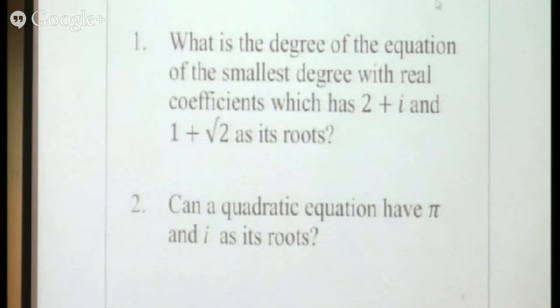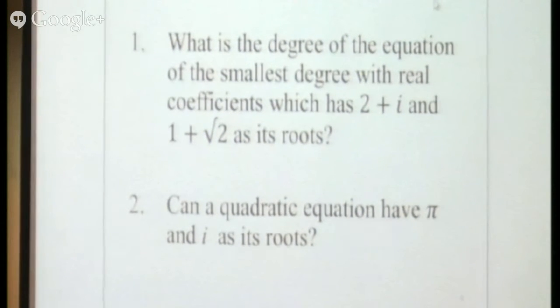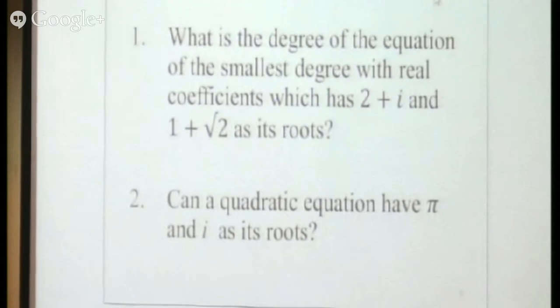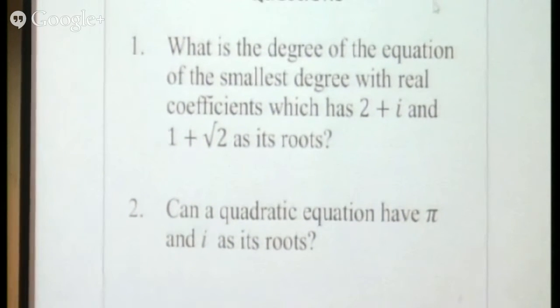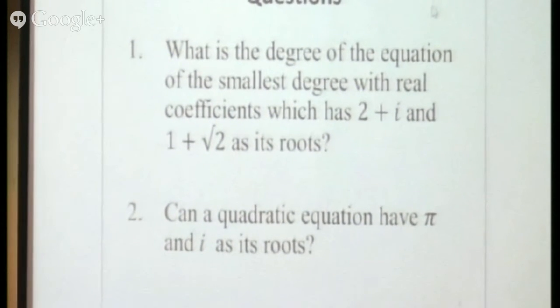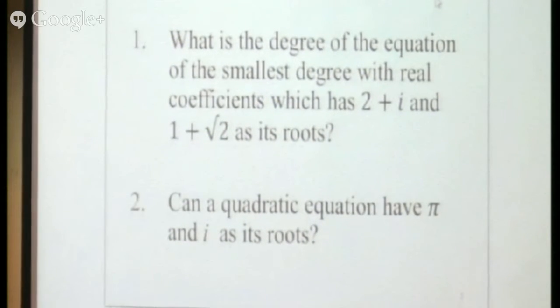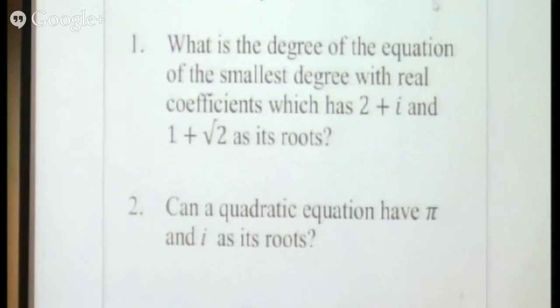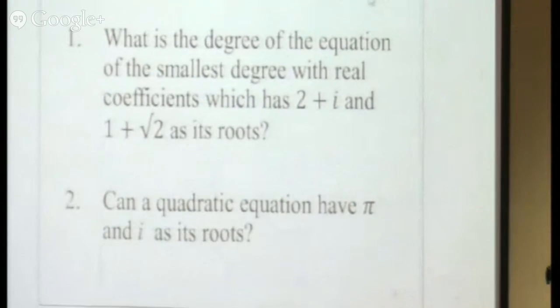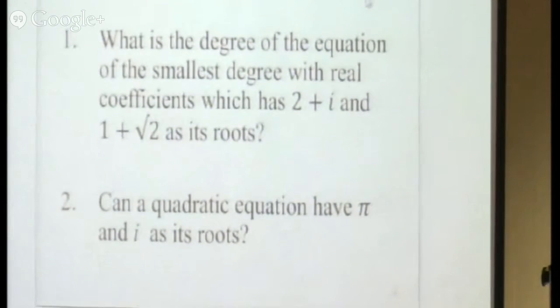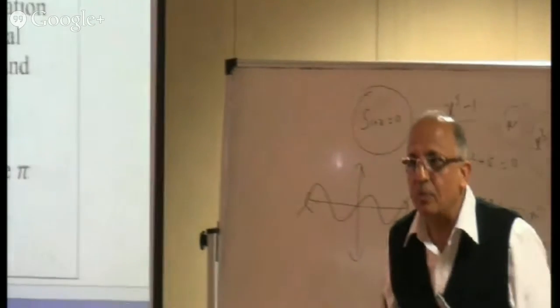Now you can see, since we are talking of an equation with real coefficients, there is an important result which concerns polynomial equations that have real coefficients. It says whenever it has a complex root like 2 plus iota, it must have its conjugate also as its root. If 2 plus iota is a root, then 2 minus iota must also be a root of this.